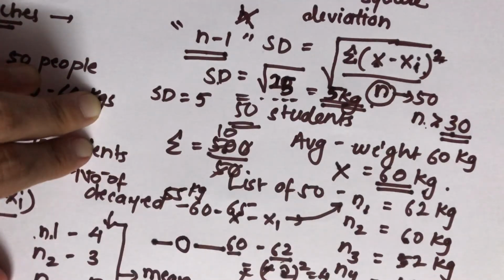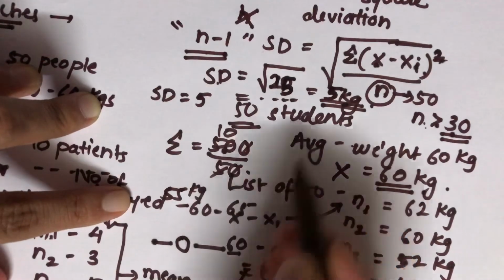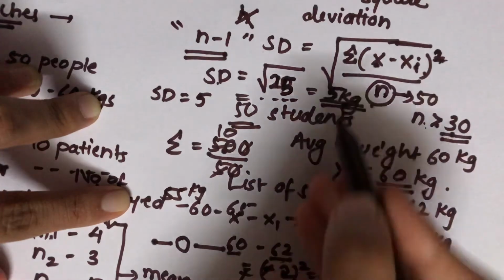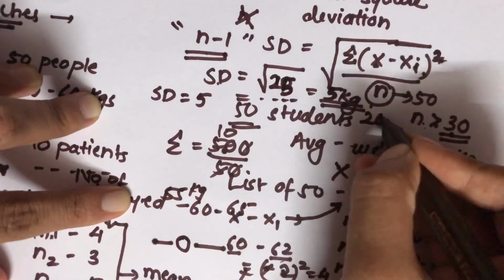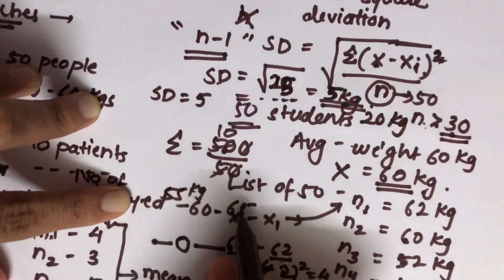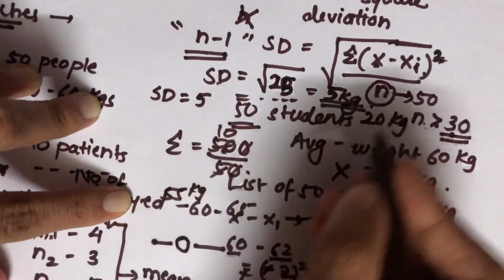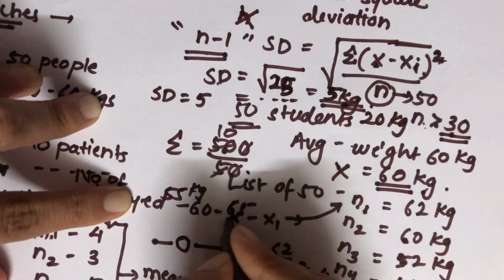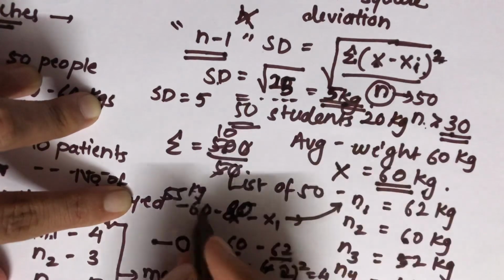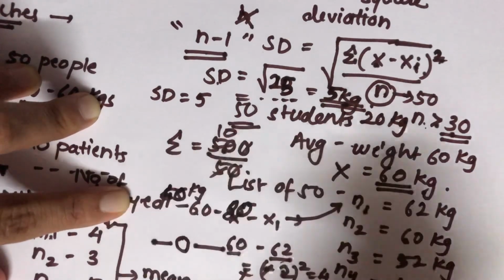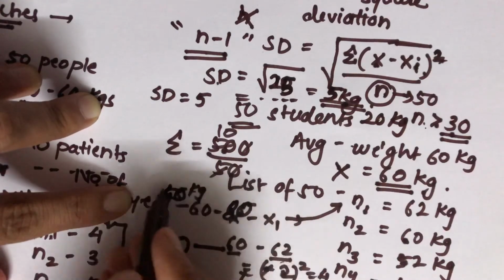So the greater the standard deviation, the greater the magnitude. We have seen the standard deviation was 5 kg, but if we got the standard deviation as, for example, 20 kg, the magnitude will also be greater. When the standard deviation is 20, it would be 80 on one side and 40 on the other side. So you can see how great the magnitudes are.